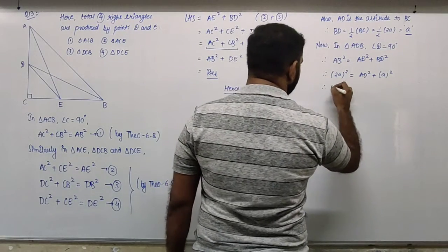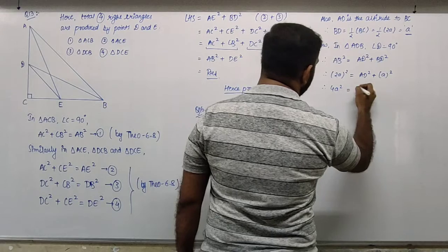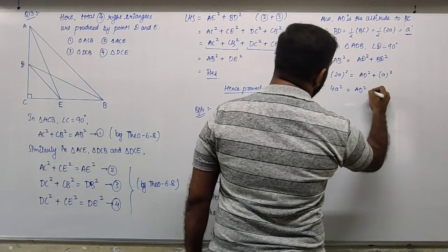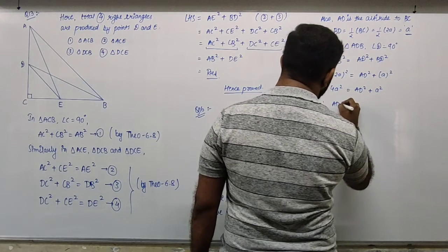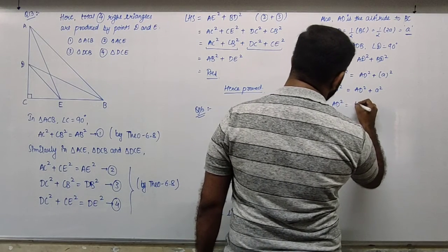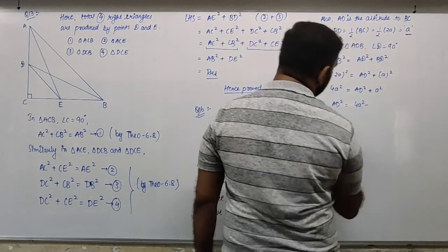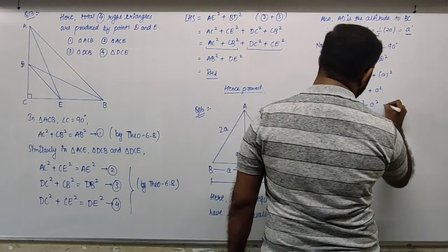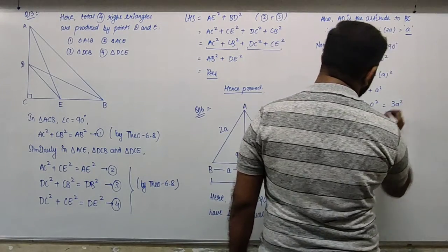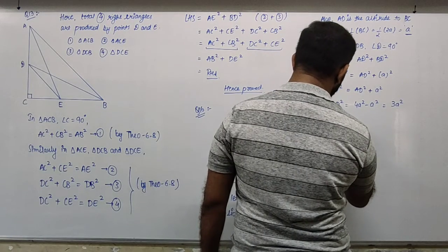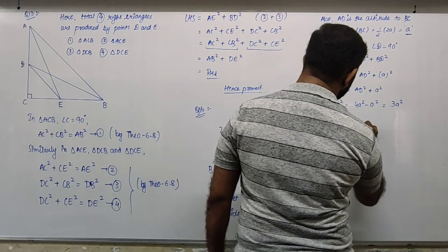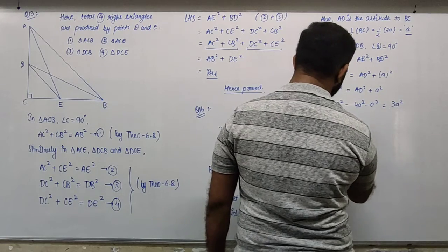Therefore, 4a square is equal to AD square plus a square, and hence AD square is equal to 4a square minus a square, that is 3a square, right? Therefore, AD square is equal to 3a square.